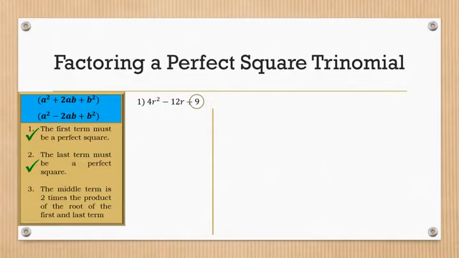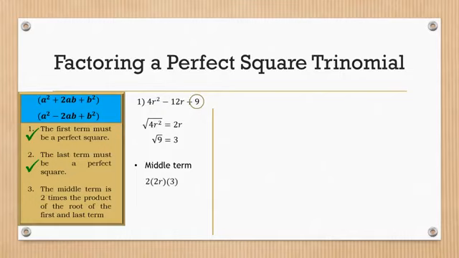To get the middle term, kuhaon nato ang square root ni first term. So square root of 4r squared, that is equal to 2r. Then square root ni 9, that is equal to 3. So makuha na nato karon, class, si middle term. To get the middle term, product daw nilang duha.